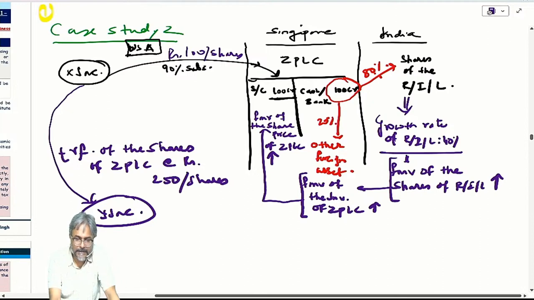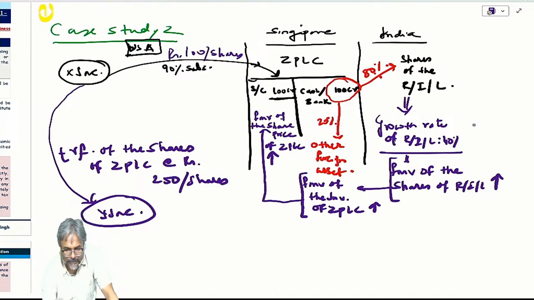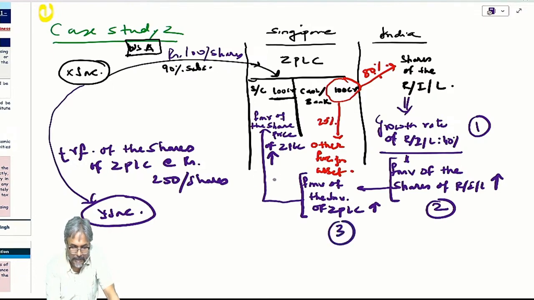Transfer of shares of ZPLC at 250 per share. Isn't it? Now just put 1, 2, 3, 4 and 5. See the ripple effect. The 1, 2, 3, 4 and 5 is the ripple effect.